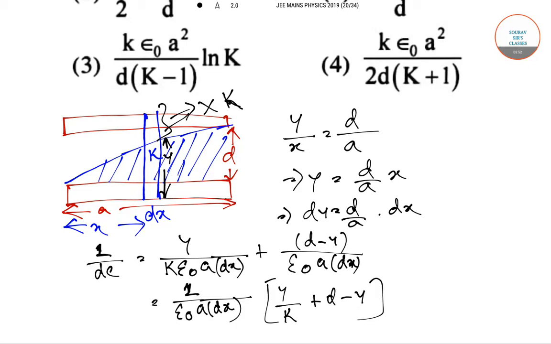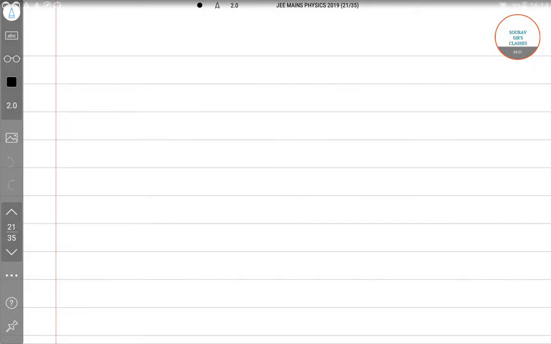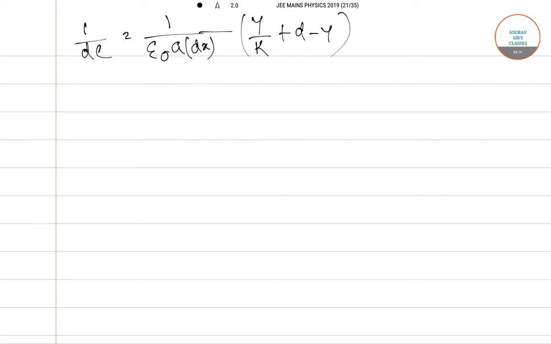If we take the integration, 1 by dc equals 1 by epsilon 0 a into dx into y by k plus d minus y. And taking the integration over dc, this equals epsilon 0 a into dx divided by y by k plus d minus y.